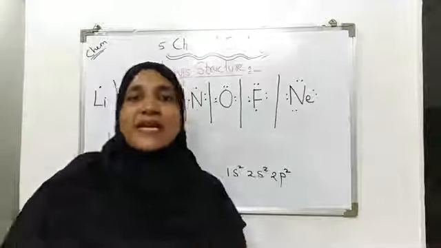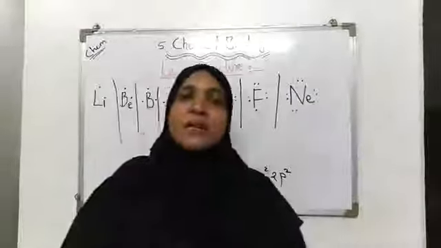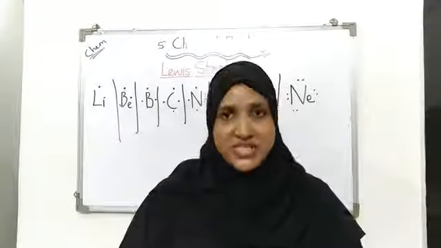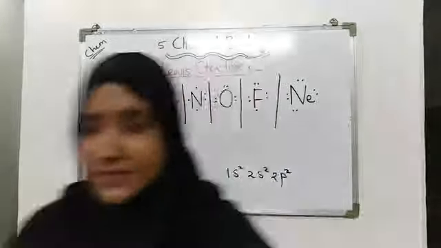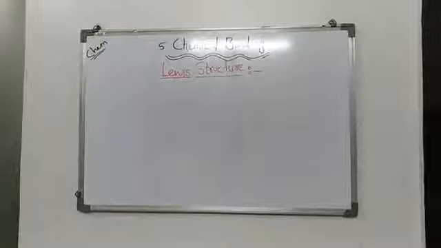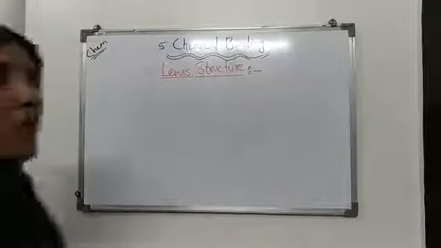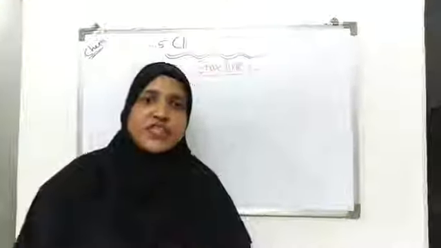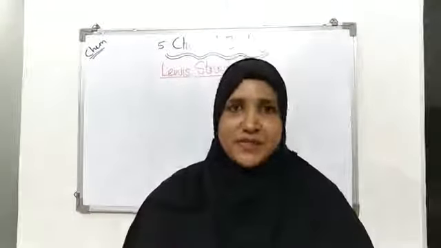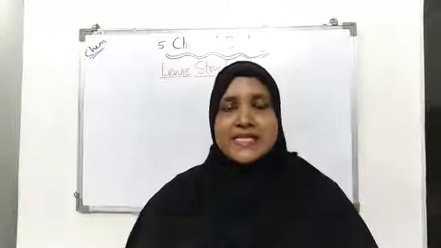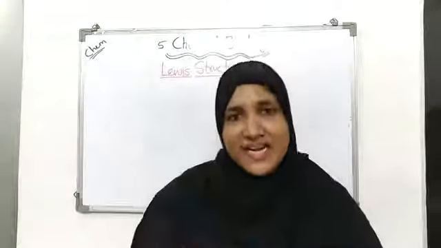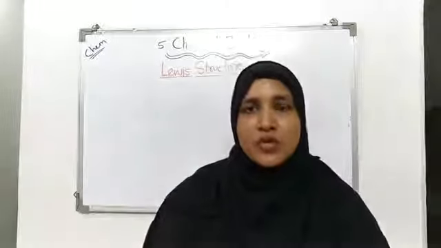Now let's understand how we can represent simple molecules by using the Lewis structure. While writing the Lewis structure for simple molecules, we'll follow some steps. Okay. Let us take an example of carbon monoxide and let's see how we can write the Lewis structure for carbon monoxide.